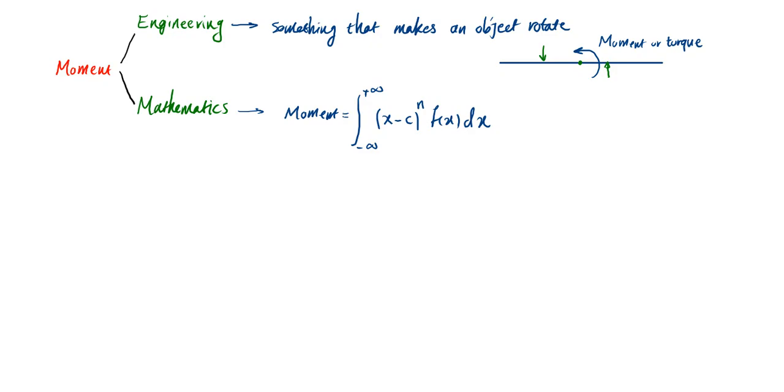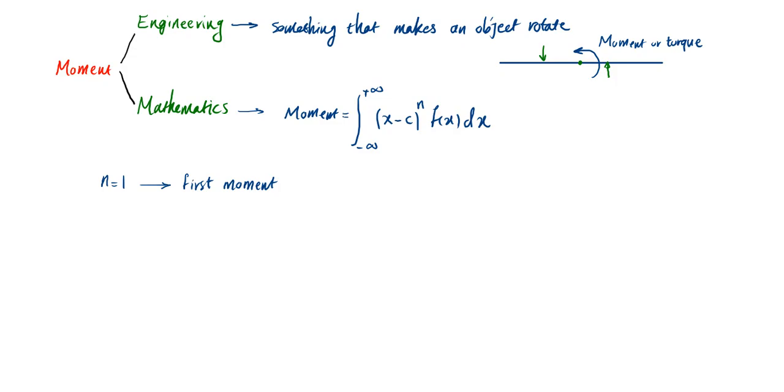When n is 1, we say we have the first moment. Now, what is the first moment? Again, you've seen it before. It's nothing but the first moment of area in engineering, using the same equation that mathematicians use to define a moment.